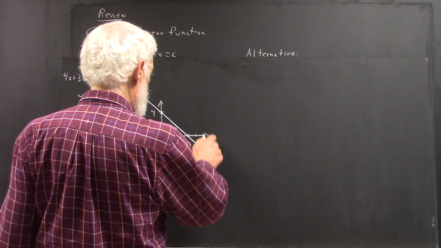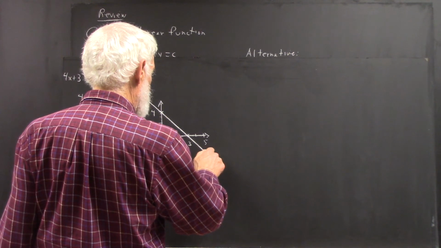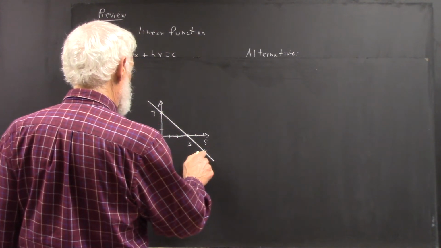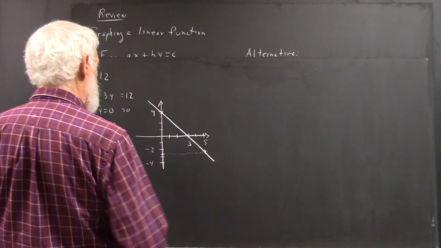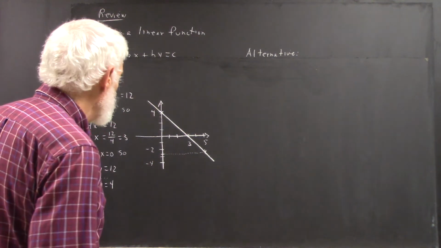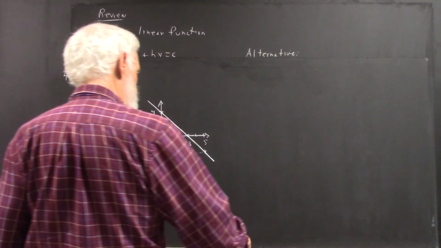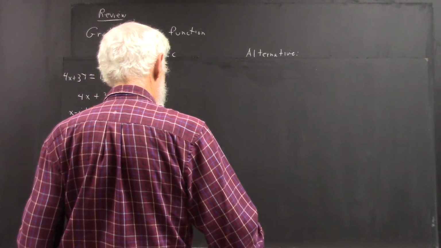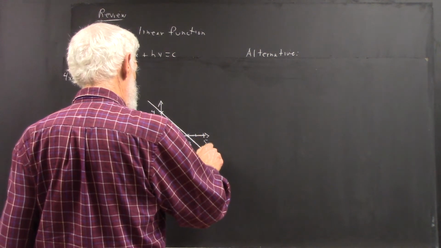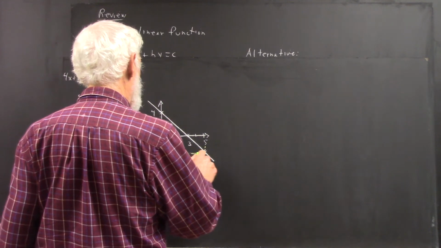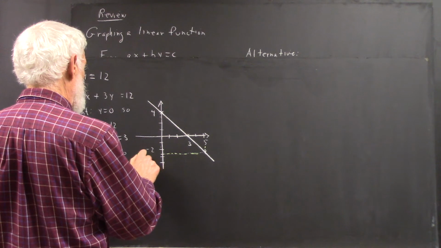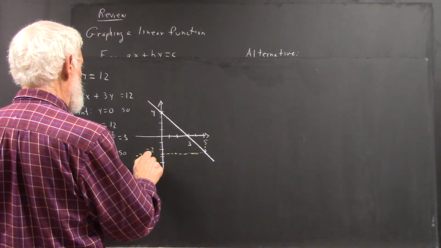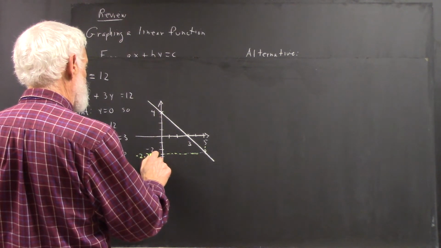Let's just take a point out here. Let's take the point where x equals 5, and we're going to project over here. And we're going to conclude that when x equals 5, we get y equals between -2 and -3, I'm going to say about -2.7.